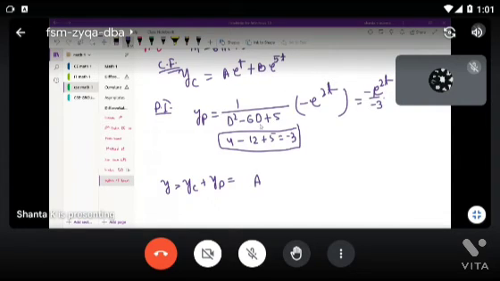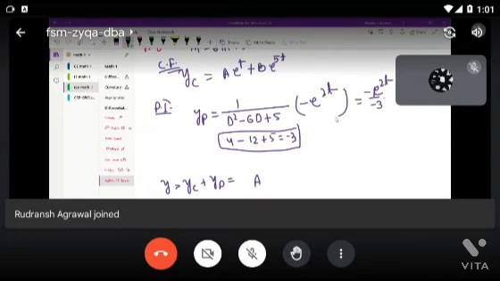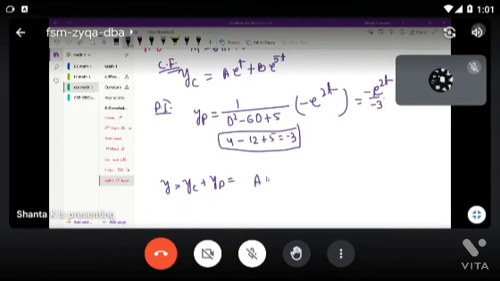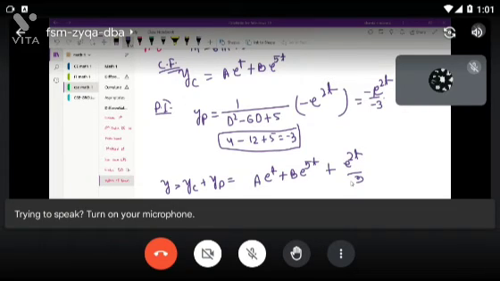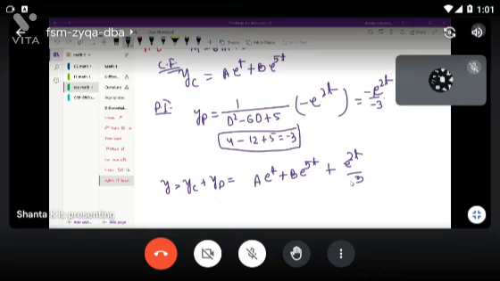It's up to you, whichever you consider independent or dependent. So now this will be a e to the power t plus b e to the power 5t plus e to the power 2t by 3. Are you getting this solution? Yes, ma'am.